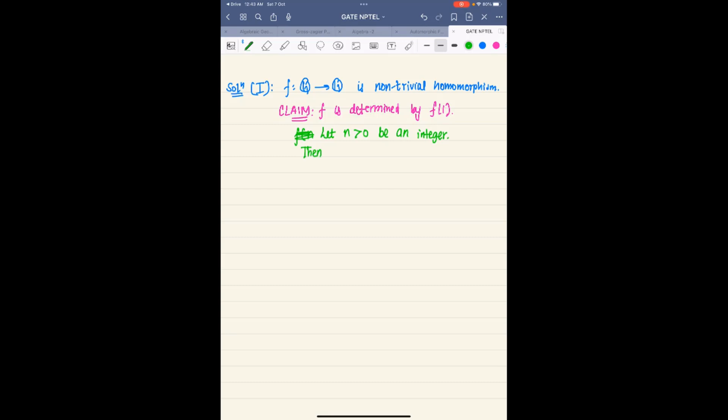Then f of n is equal to f of 1 plus 1 plus 1, this n times, and by additivity we can write this as f of 1 plus f of 1 plus f of 1, n times, and this is equal to n f of 1.